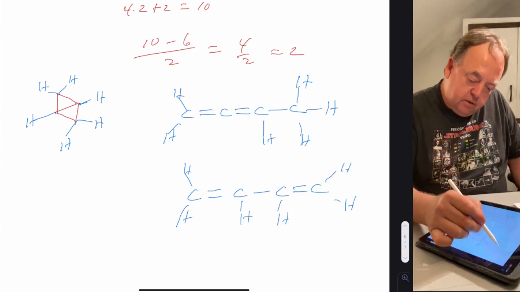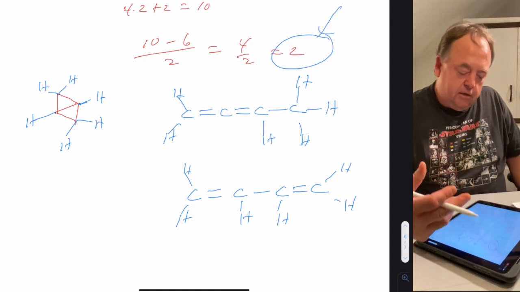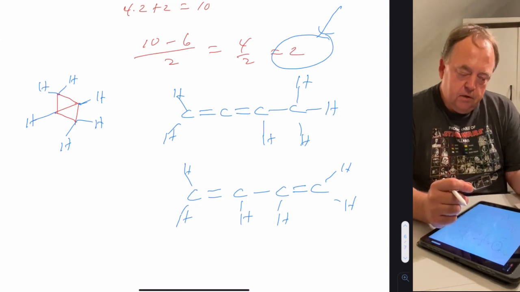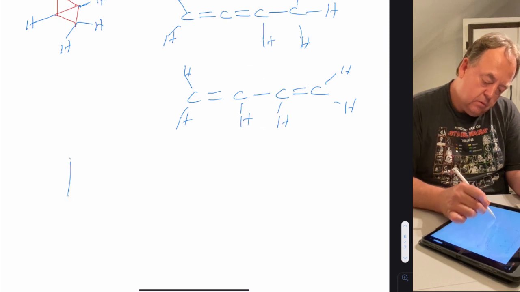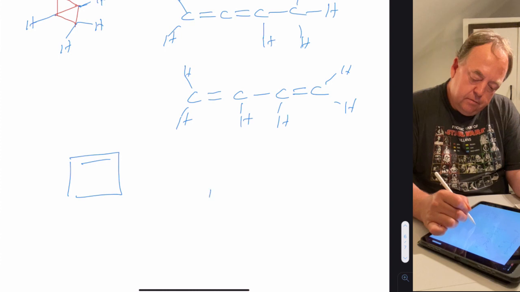The point is, this number, two double bond equivalencies, is information. It tells you whatever molecule you draw, it could have 2 double bonds, 2 rings, could have 1 double bond and 1 ring, or it could have a triple bond.